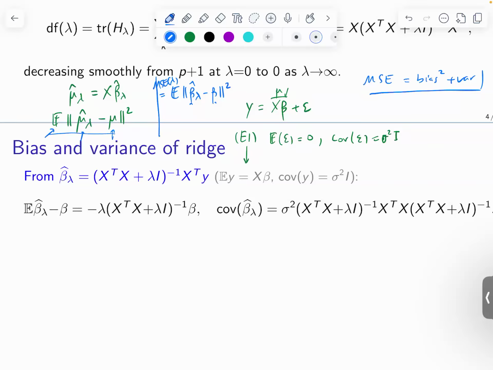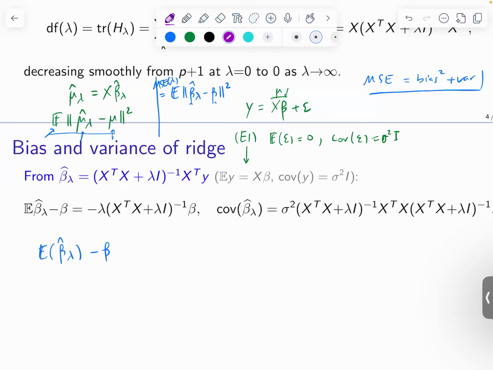In general, the bias is the difference. If I have the expectation of beta hat, and I'm trying to estimate beta, if I subtract beta, that's the bias. If it turns out to be 0, it is unbiased. Ridge turns out not to be unbiased, so it would be biased. The bias is how much, on average, we are off, how far the expectation is from beta.